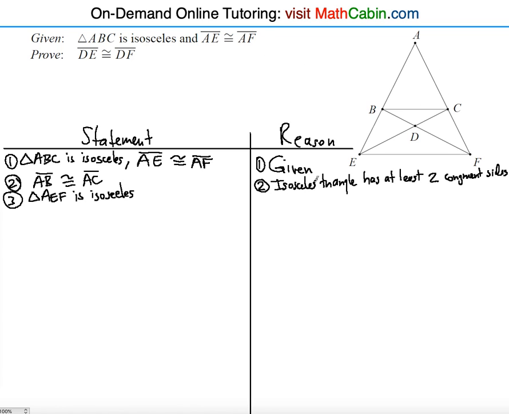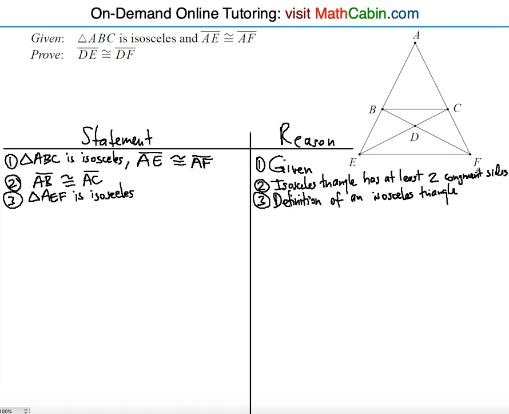So an isosceles triangle has at least two congruent sides, as was already declared. So this is technically the definition, right? So we write this reason for statement 3 as the definition of an isosceles triangle. Right? At least two congruent sides. Great, this fits the description.